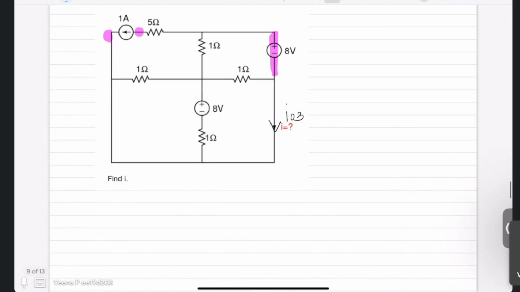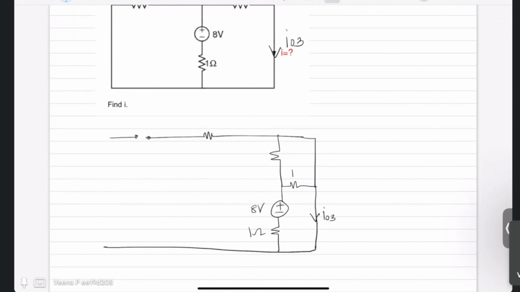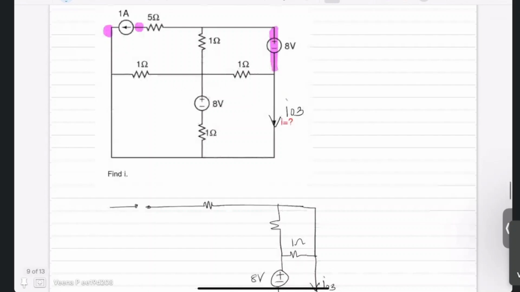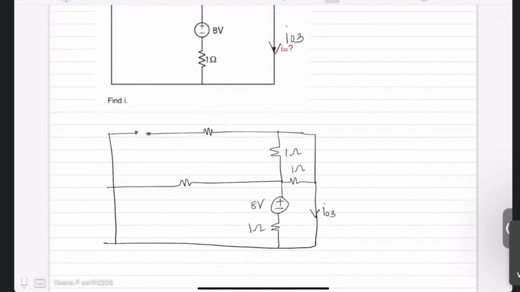That means if you draw the equivalent circuit, this is how it looks.